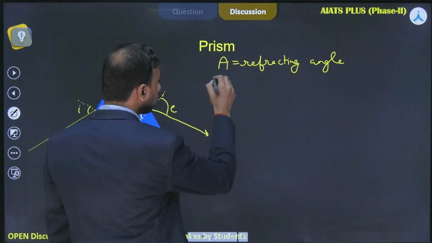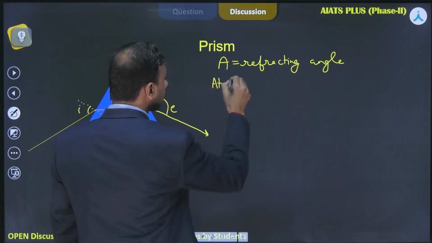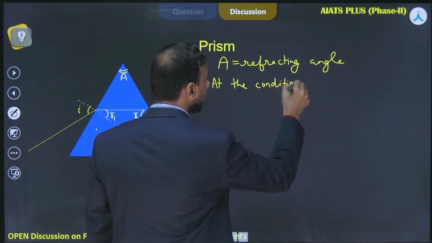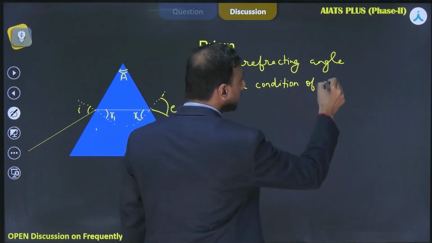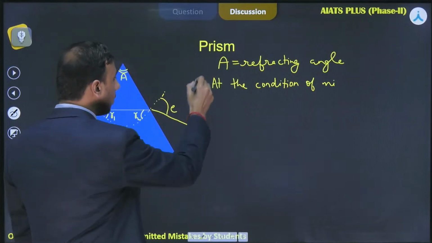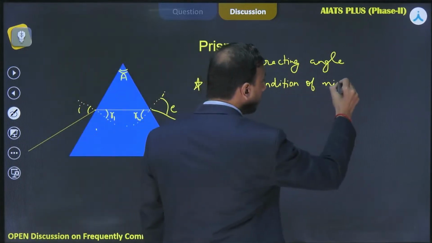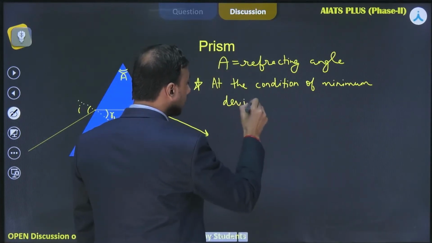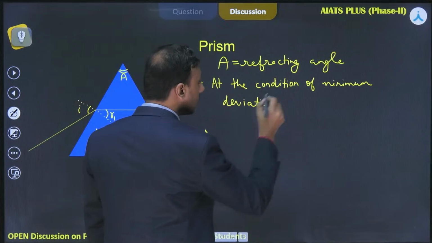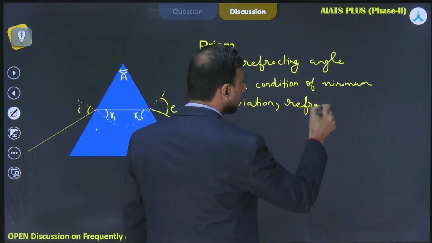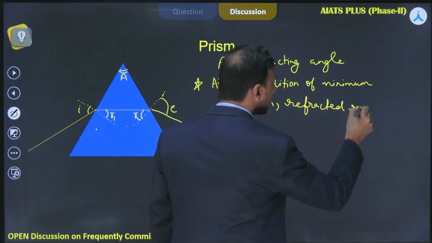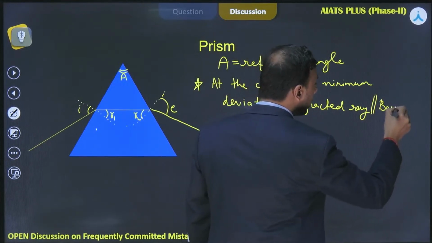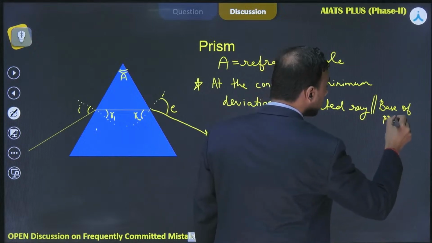So we can remember, this is a point that I want to discuss, at the condition of minimum deviation, right? The refracted ray will be parallel to the base of the prism, right?